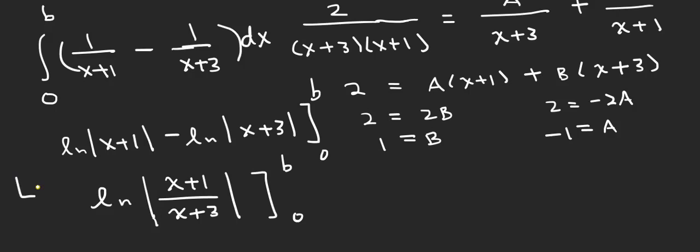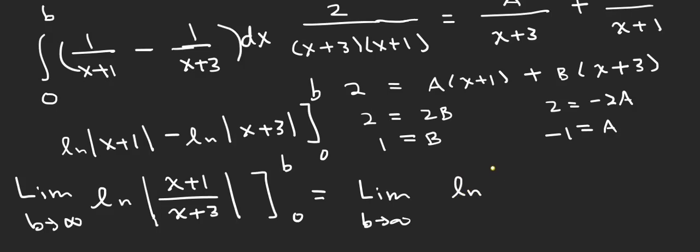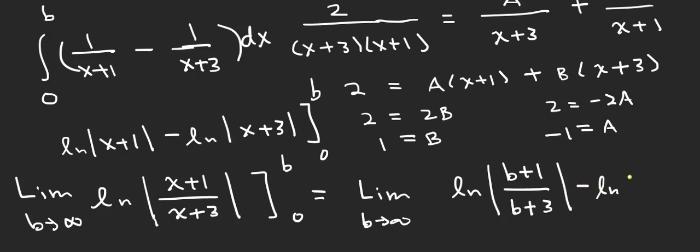Okay, now let's put the limit as b goes to infinity. So what do you get over here? This is equal to the limit as b goes to infinity of natural log of the absolute value of b plus 1 over b plus 3, minus natural log of, plug in 0, you get 1 over 3.